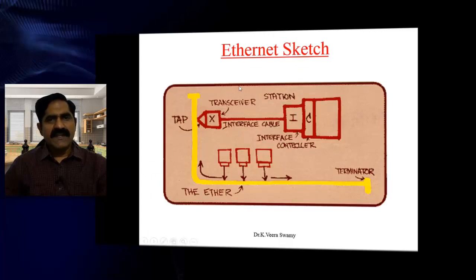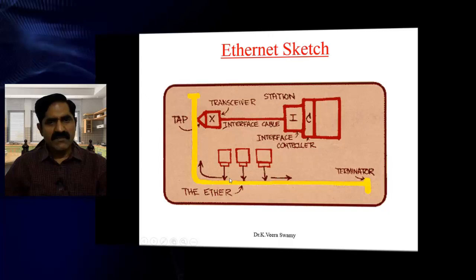If you see the Ethernet sketch here, it is the first sketch drawn by the company to install Ethernet. Basically, you have to install a cable like this with terminators at this end as well as this end, and in this cable you have to take a tap, so that it is inserted into the core element and you can take the signals.